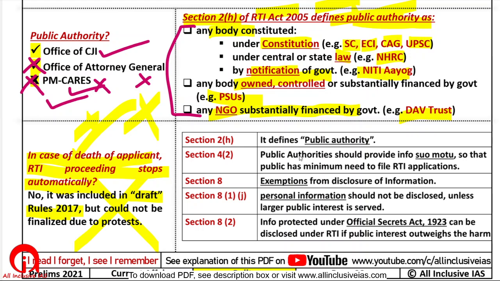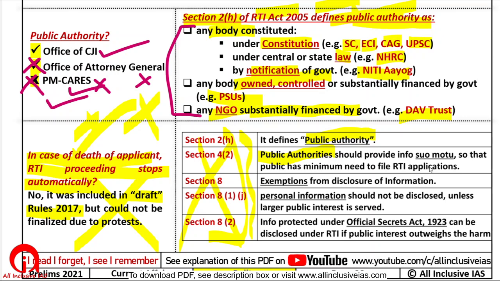Remember this. Then there are some important sections of the RTI Act that are often in the news. For prelims you don't have to remember these section numbers. Why I have written them here is that UPSC can frame sentences from these statements. UPSC can say that public authority is not defined in the Act. Of course it is defined, right? Then the Act also says that public authorities have to provide some information themselves.